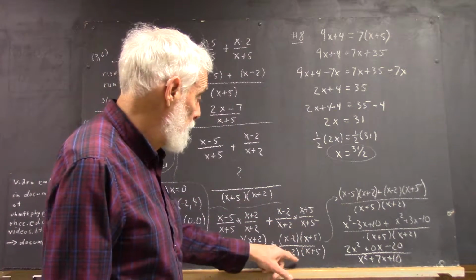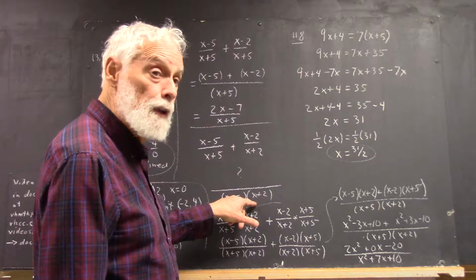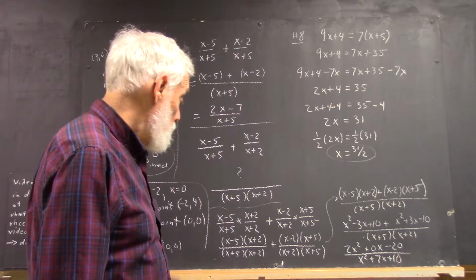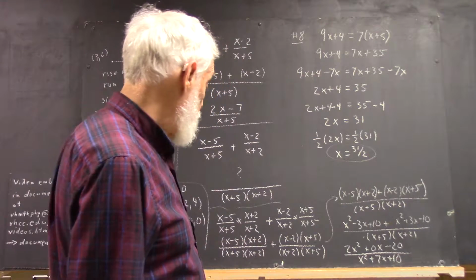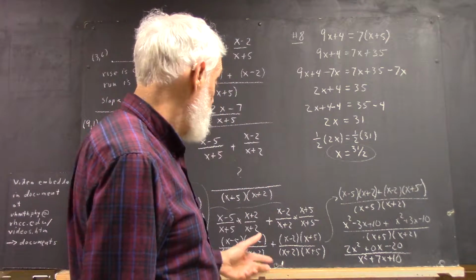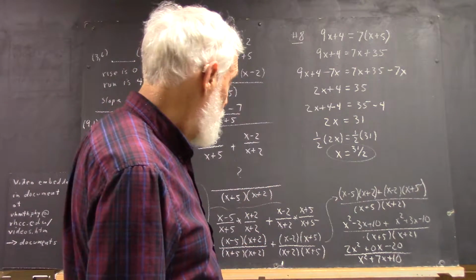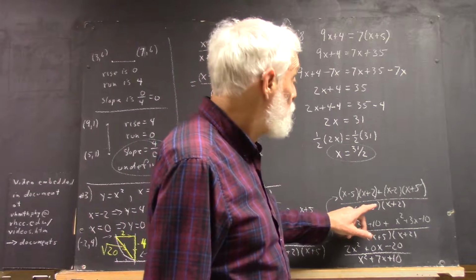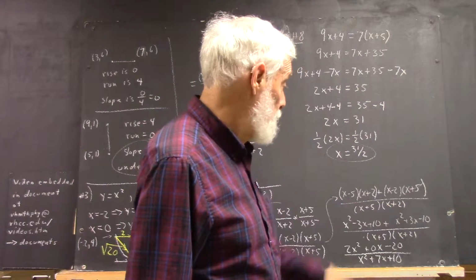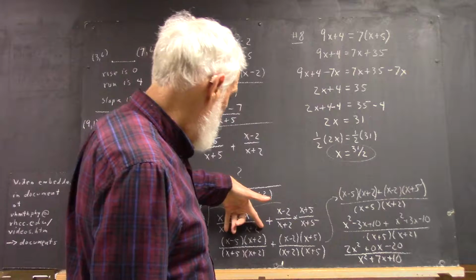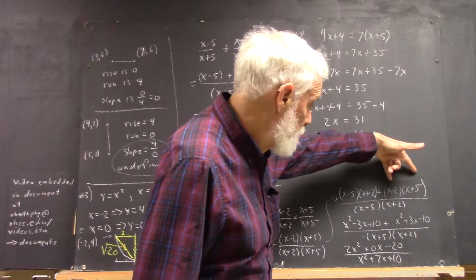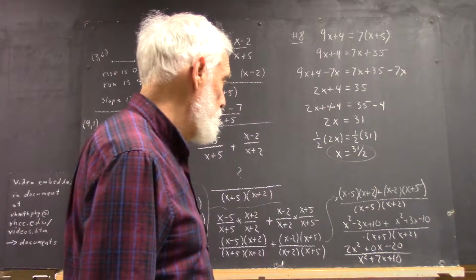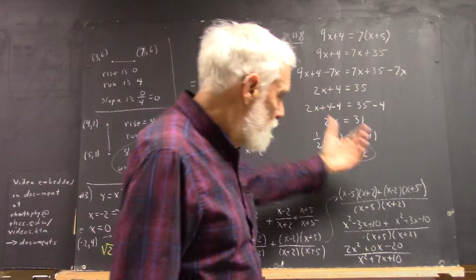So now our denominator is going to match this common denominator. So we're able to combine these two numerators over our new denominator, x plus 5 times x plus 2, and we put this here plus this over the common denominator. Then we expand this.